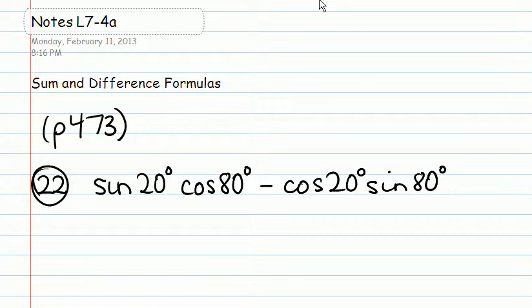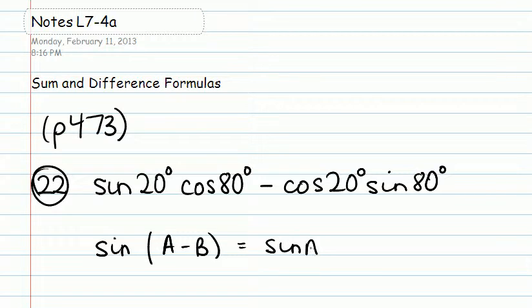And you should recognize that as the sine of a minus b. So the sine of a minus b equals the sine of a cosine of b minus the cosine of a sine of b. That's the formula that we're using.